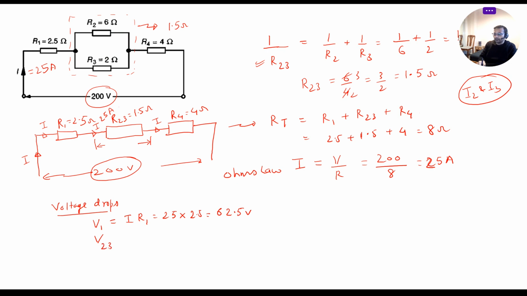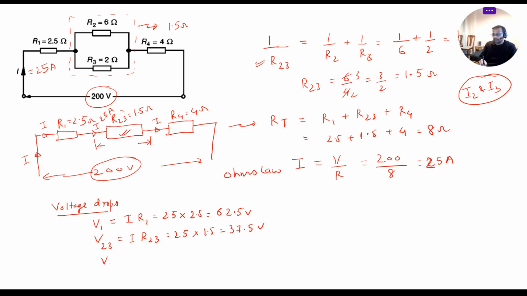Now let's calculate the voltage across resistance R23. It will be I multiplied by R23. So 25 multiplied by R23, which is 1.5. 25 multiplied by 1.5 is 37.5 volts.